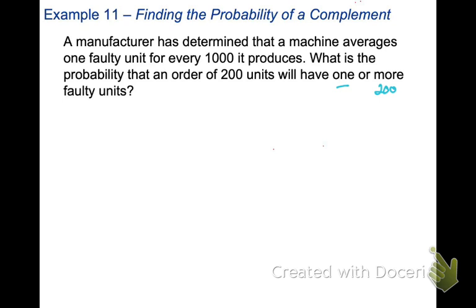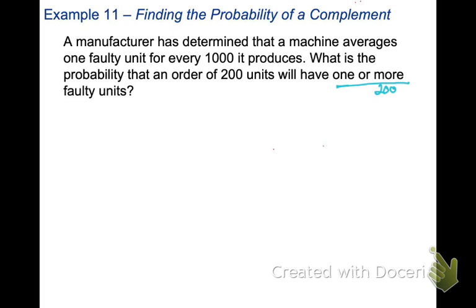Okay, so we want the probability of getting no faulty units, because we're looking for the probability to get 1 to 200, where 200 is the max because that's how many units we have. So we want the probability of getting just 0 faulty units.